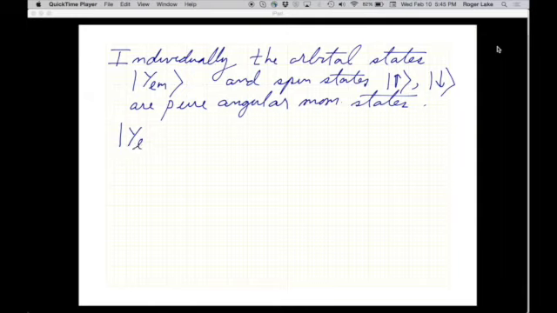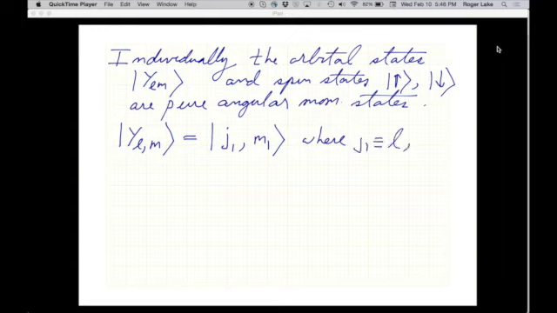YLM we're going to write as an angular momentum state of J1 M1, where J1 is L and M1 is M, the L and the M of your YLM.